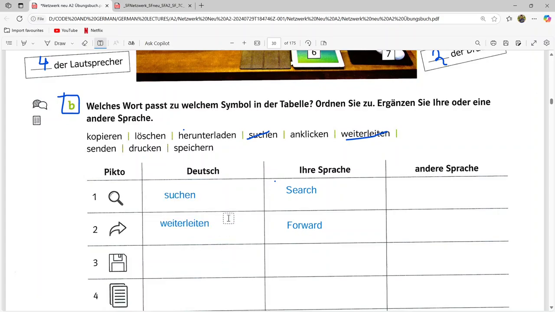Okay, no problem. Next one. This symbol means to save. So in English what do we say? We say save. And in German it is this one, speichern. Okay, so let's write.